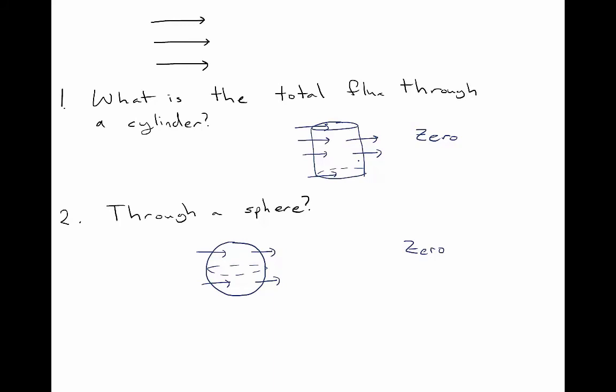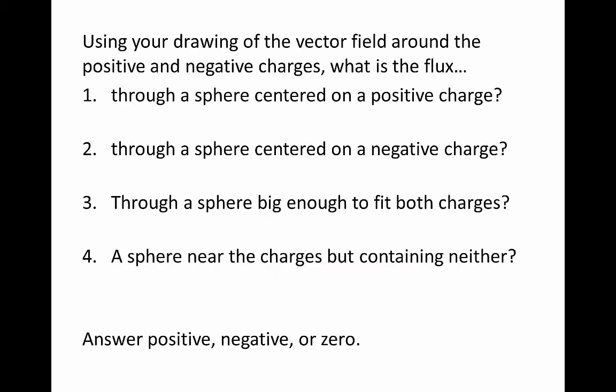Let's connect back to the charge distributions I had you draw earlier in the class. Going back to your drawings of the vector field you drew earlier, first think about your drawing of the vector field for positive and negative charges. I want you to look at that and think about what the flux would be on a sphere in various parts of that drawing.